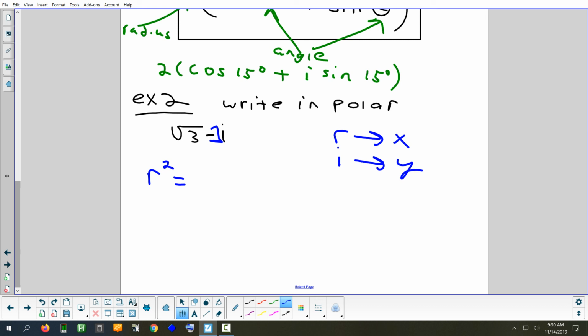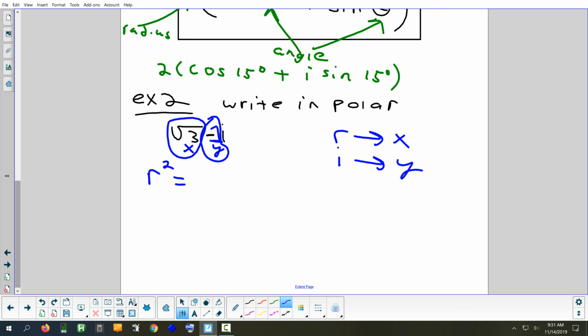Is that real or imaginary? That's real. That's my X. -1. Real or imaginary? It's imaginary because it has an I next to it. That's my Y. It's also right in alphabetical order, X, then Y. Any question on why this is X and why this is Y?